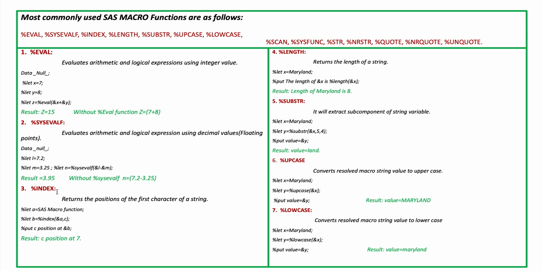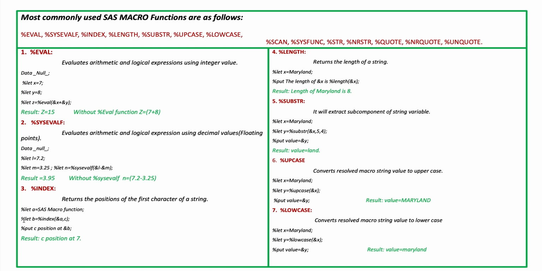Number 3, %index. It returns the position of the first character of a string. Suppose we have a macro variable a, and its value is "SAS macro function," and we are going to create another variable b by using %index. We are trying to get the position of the character c: %index(&a, c).